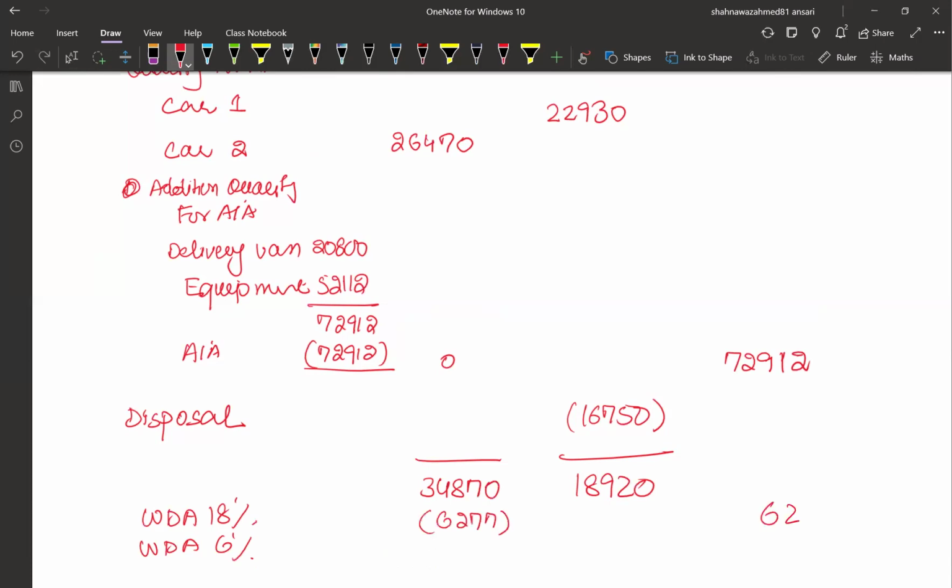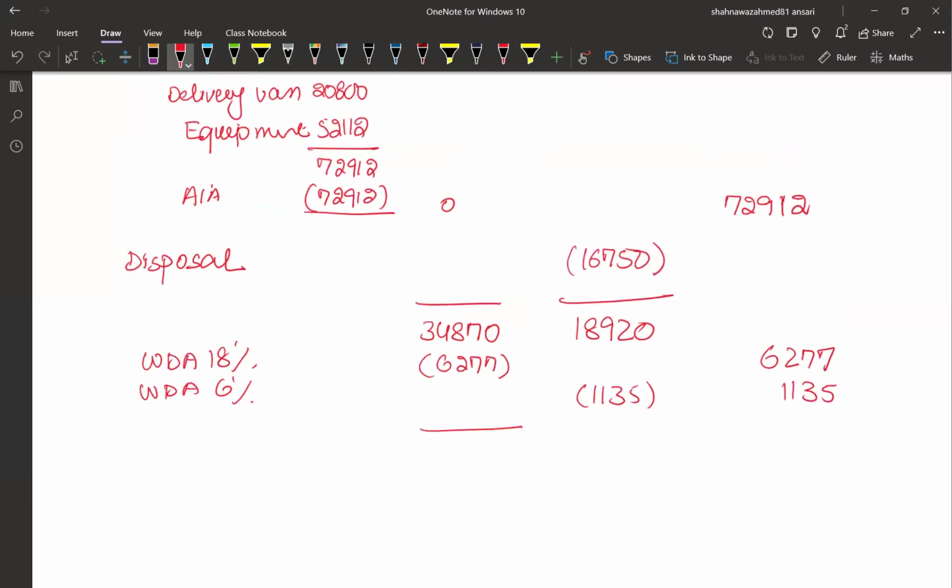And this is the allowance. And again, which is 1135. And this is the allowance. So as maximum allowance we need to calculate. So this is the total allowance.